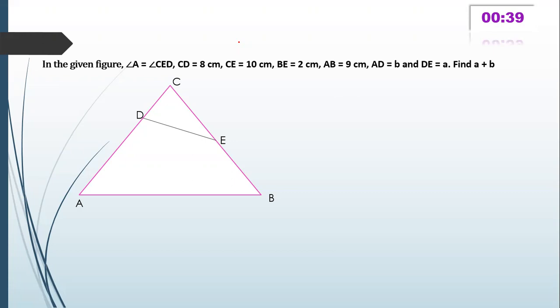Keshav, your answer is right. Thirty seconds remaining.